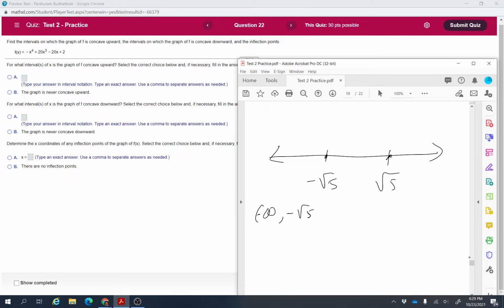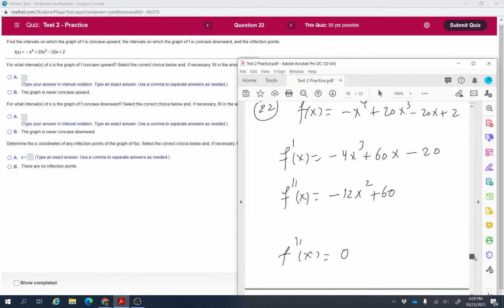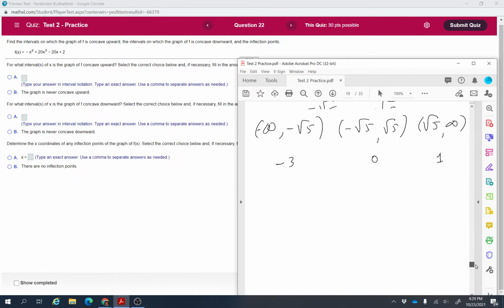So let's choose from here, negative 3. From here let's choose 0, and from here let's choose 1. And now find out the second derivative at these 3 points. So the second derivative is negative 12x squared plus 60.